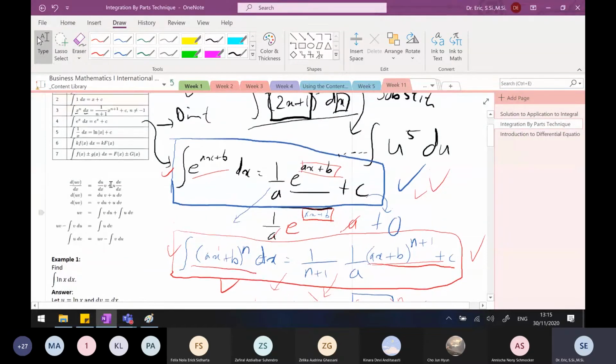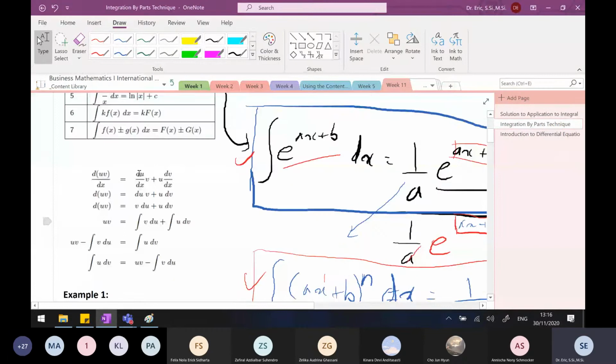And now I just want to look at the integration by parts technique. So I want to find the derivative of the product u times v. What is the derivative? u prime v, where u prime is the derivative of u with respect to x, plus u v prime.